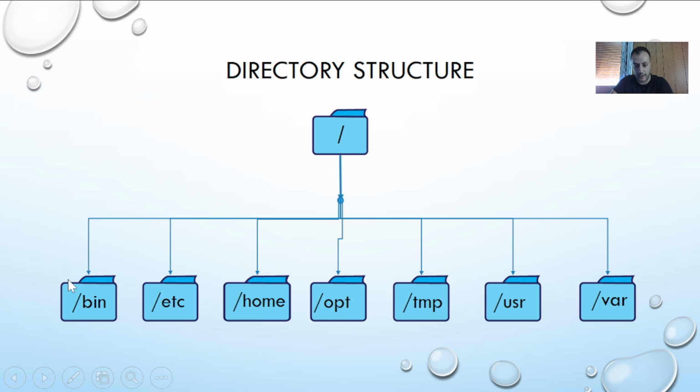/tmp, or temporary, is a temporary space which is usually cleared on reboot. It works actually like a cache file system. /usr, which stands for user, contains all user-related programs. Finally, /var contains all log files.